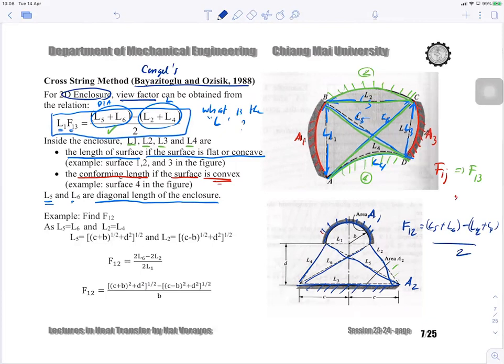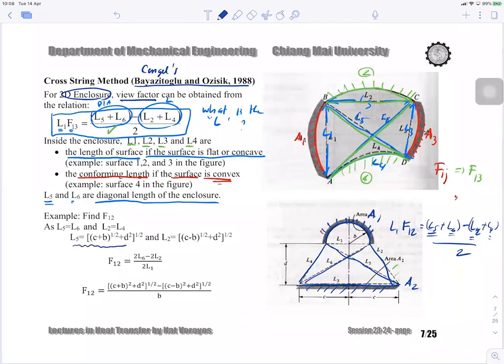Okay? So now the game is that you have to find L5 and L6. Oh, I'm sorry, this is going to be L1. And you have to find L2 and you have to find L4. Get it? And then L5.